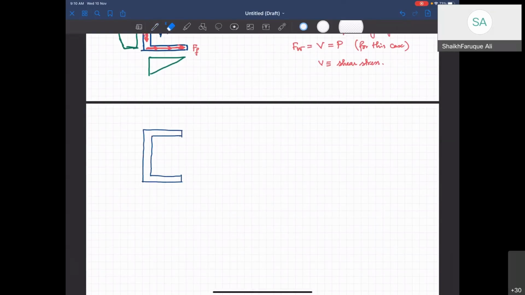And the channel section has the following forces, right? It has a force along this, which is called F_F. The same F_F is going to act here. Then there is a V force, right? And there is an external force P.